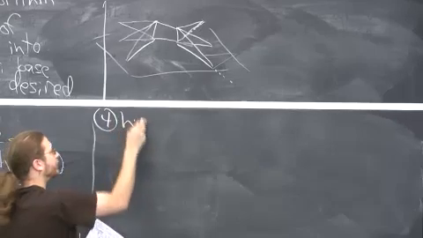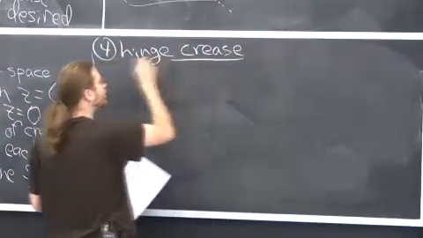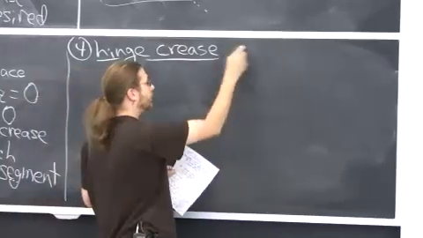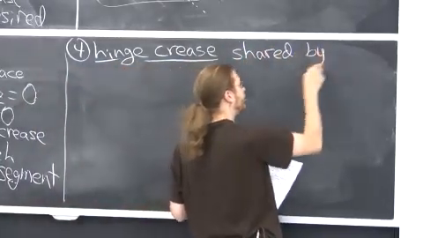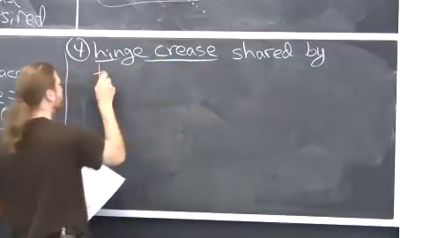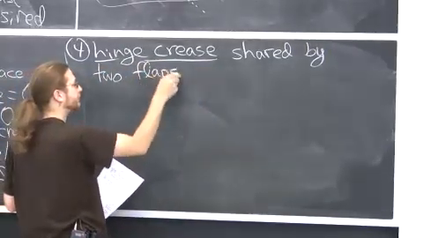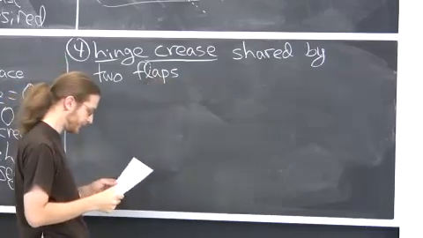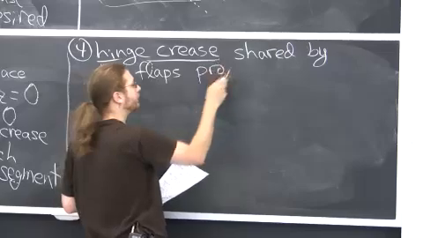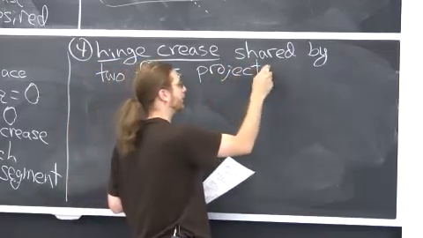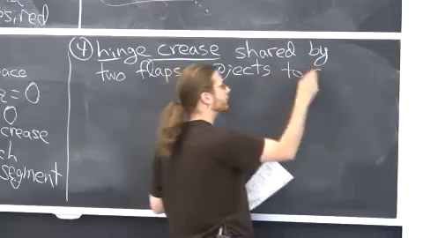So then there's the notion of a hinge crease. And these are just creases shared by 2 flaps. So they're the creases that separate one flap from another. These will always require that they project to a point.